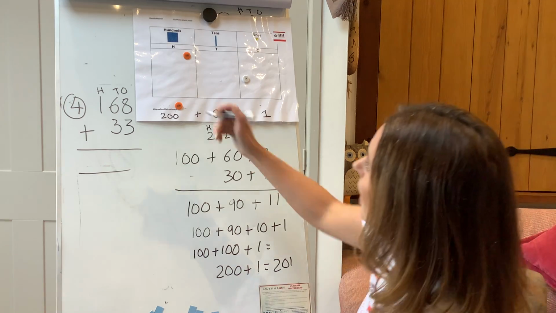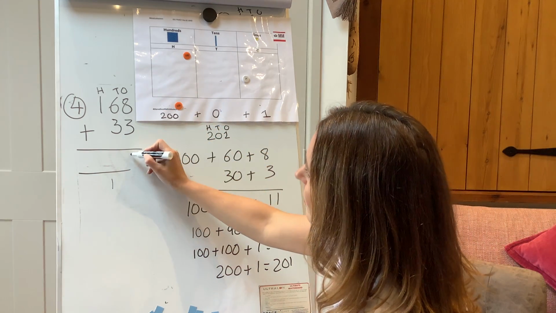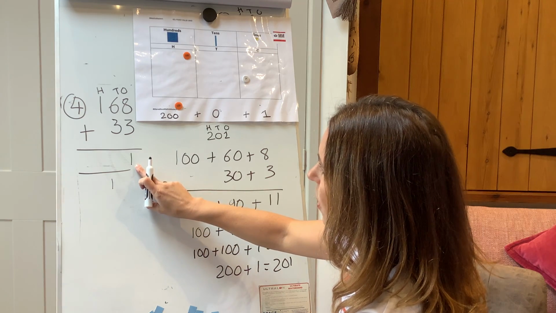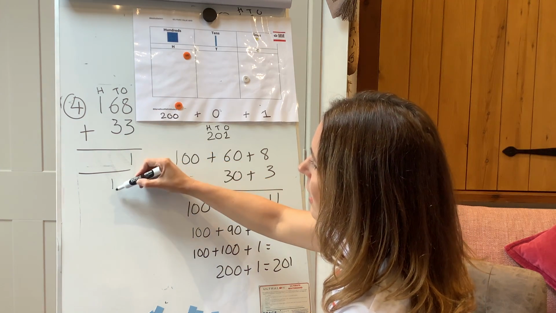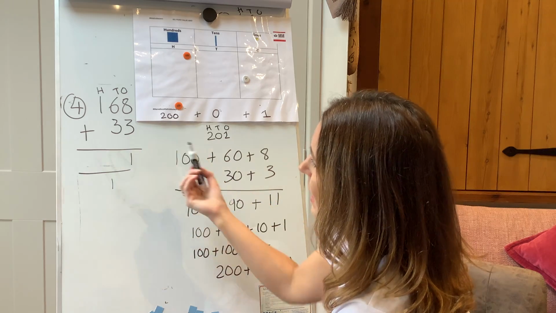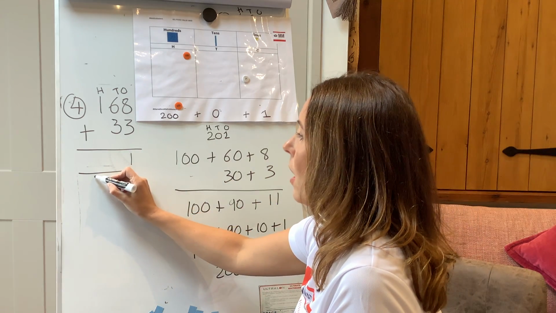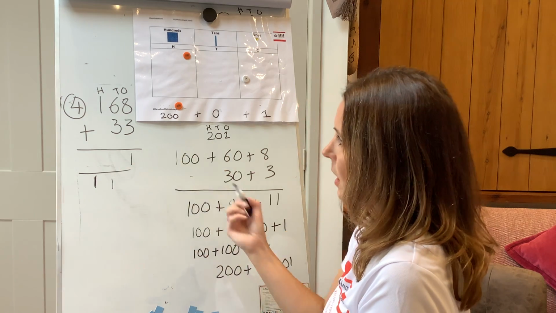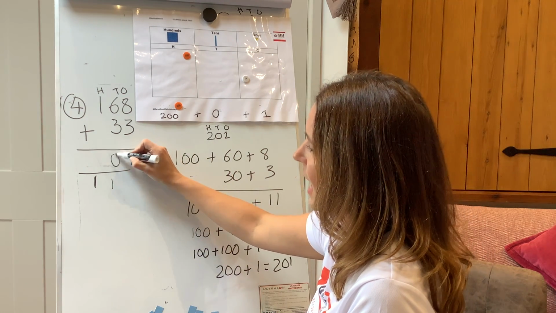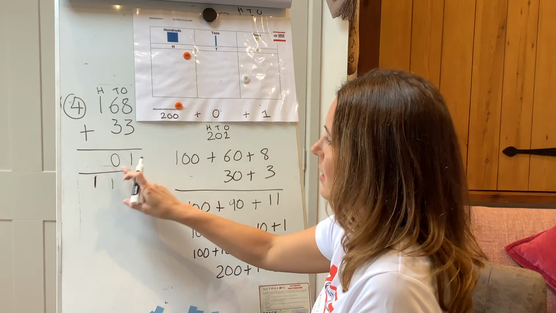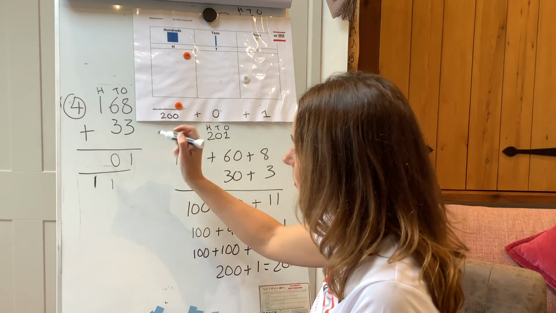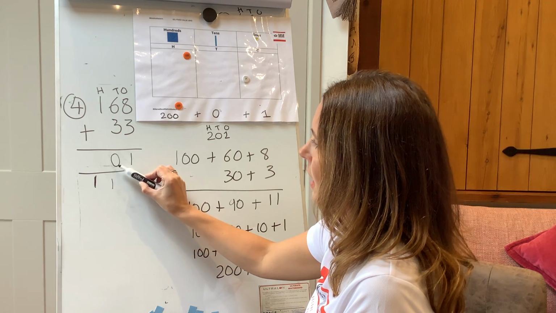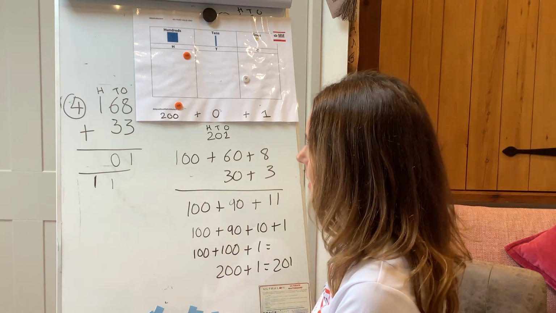Now if we look at it here, 8 and 3 makes 11. So we put 10 in there, in the tens column, and 1 there. 6 and 3 makes 9, add 1 makes 10. So we put our 10 tens, make it into 100 in our hundreds column, because we've got 10 tens, so write it as 100 and 0 tens now.